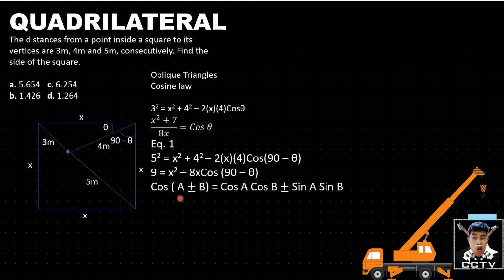At we all know that cosine of A plus or minus B is equals to cos cos, sin sin. Depende kung anong sign dito, yun din ang sign sa gitna. At alam natin na ang cosine 90 minus theta is ganito nga. And this one is minus.